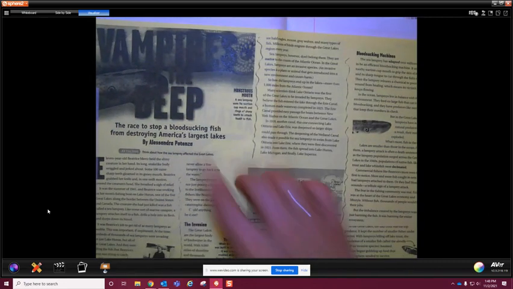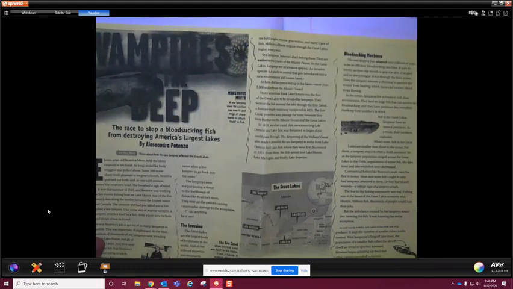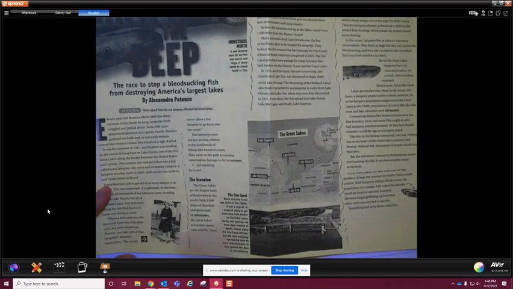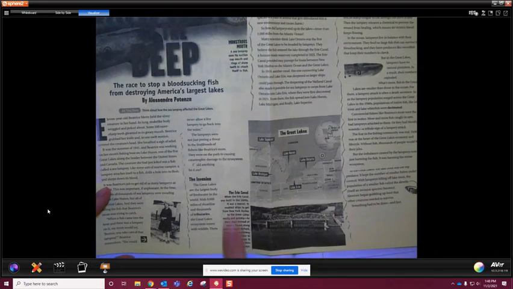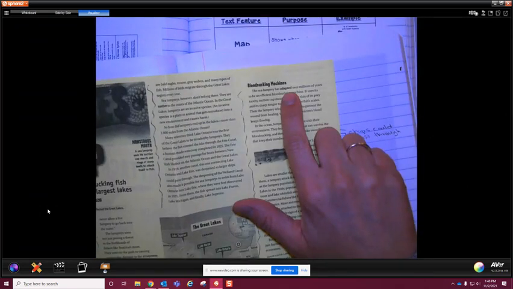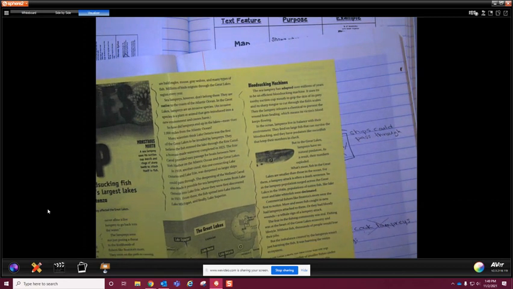But this right here, again, this tells you there's a title, there's a heading, there's photographs, there's a map, there's a caption. There's bold print in this one, like right here is bold print. So just noticing those things, because again, the authors do those for a reason. Okay, so they make it go back to that central idea.